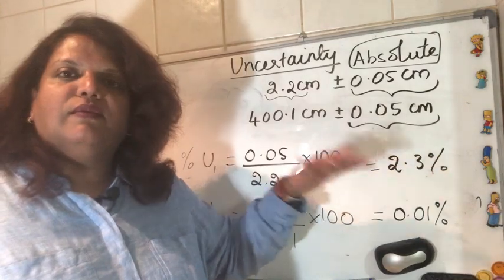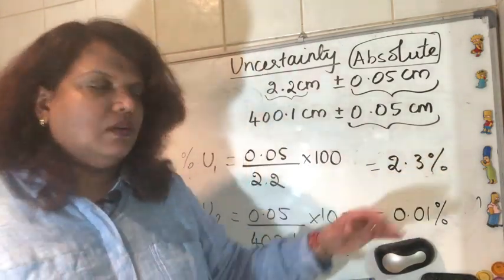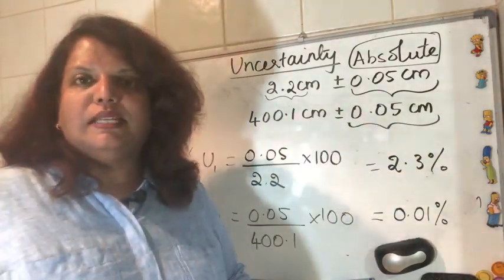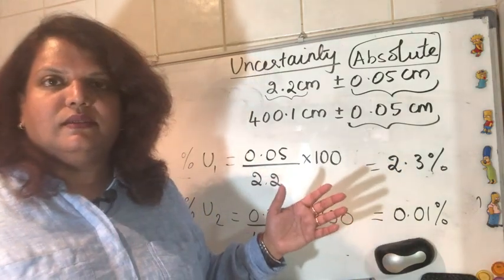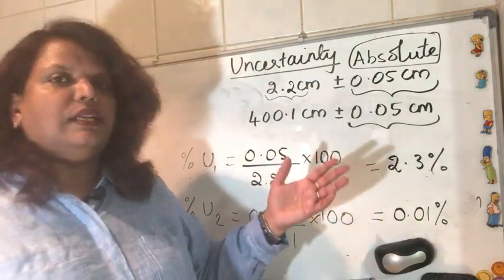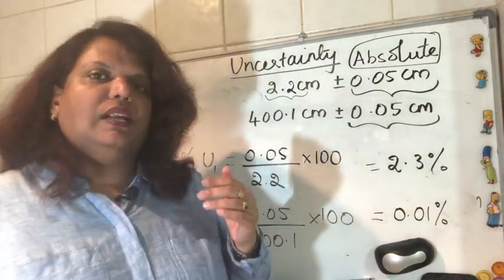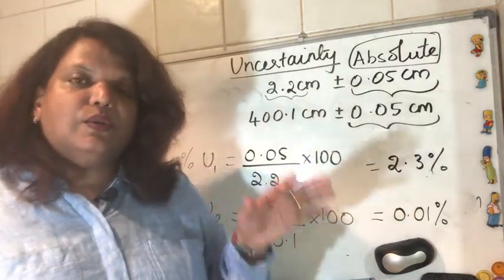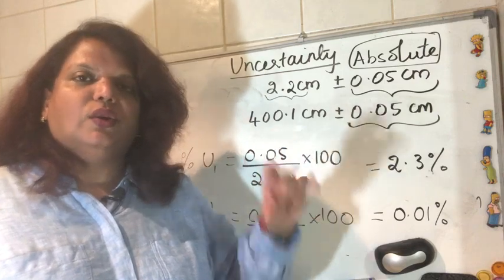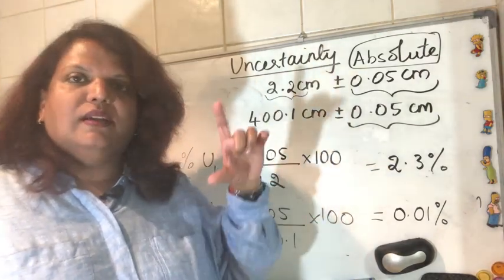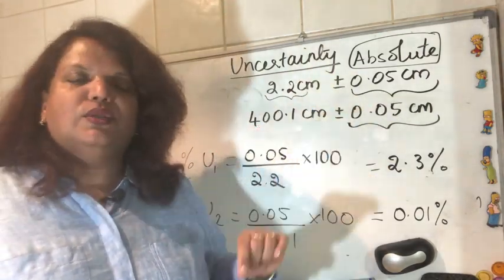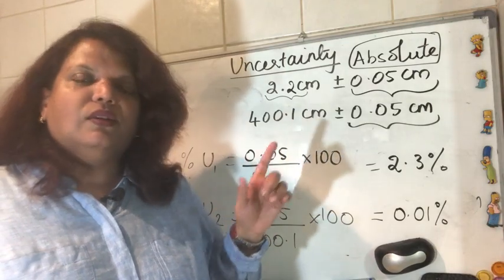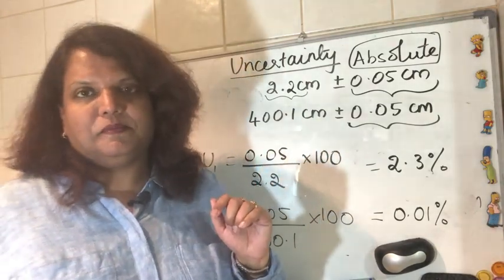If you have done 4-5 measurements and you are adding them all, you will probably end up with 10% uncertainty, right? Which may not lead you to a more reliable answer. So the choice of instruments is very important. How would you decide? You will decide based on the measurement that you are going to take. The measurement should not be close to the uncertainty or the precision of the instrument.